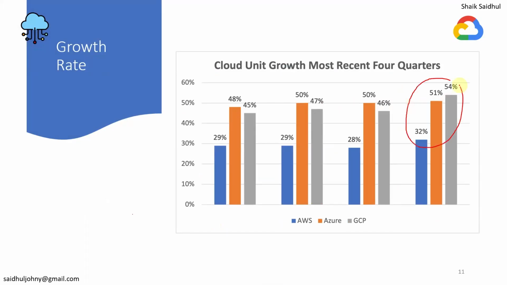When I say growth rate, from last quarter to this quarter, what was the cloud platform used most by the organizations? You can see here, guys, most of the organizations started using Google Cloud Platform over the other cloud platforms.